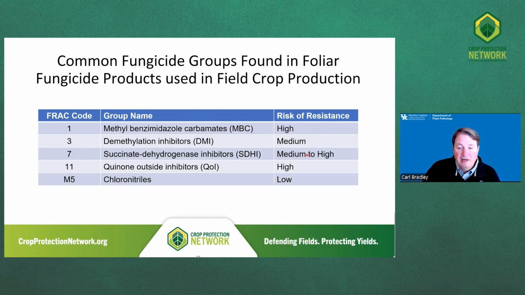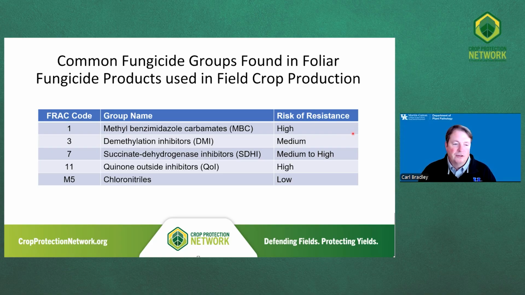Group 7 would be medium to high, and then M5 would be low. The reason that M5 is low is that the M stands for multiple site of action, whereas the others would be single sites of action. So what I want to show you here is that we do have different fungicides from different FRAC groups that we utilize, but for a lot of these, there's still a medium to high risk of resistance.